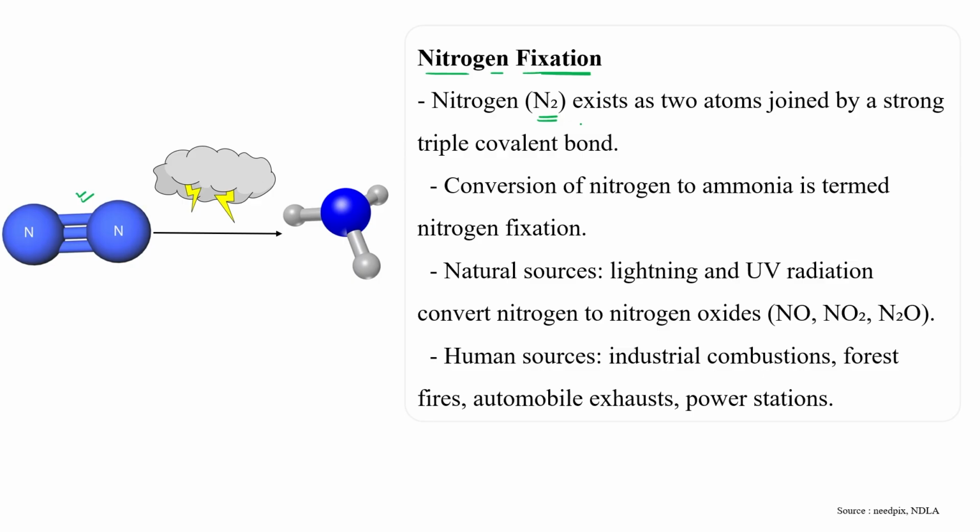So nitrogen exists as two atoms joined by a strong triple covalent bond, and the conversion of this N2 into NH3 or ammonia, in the presence of lightning or UV radiation, it will convert into various types of nitrogen oxide also, like NO, nitrogen dioxide, dinitrogen oxide, and so on, right?